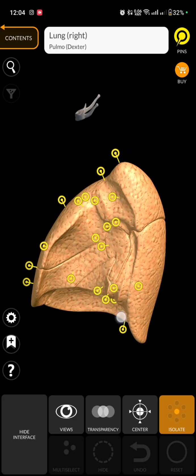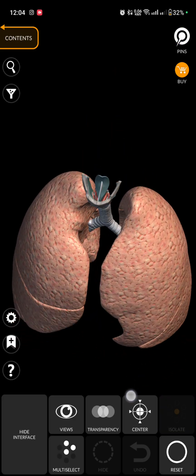Now we will look at the tracheal part over here.